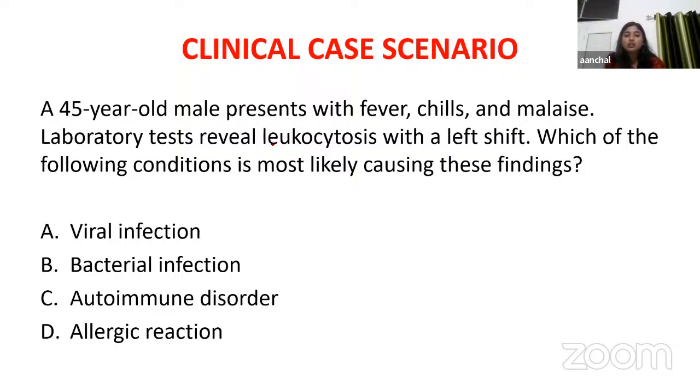Leukocytosis means there is an increase in WBC count, and a left shift means there is an increase in neutrophil consumption. The options are viral infection, bacterial infection, autoimmune disorder, and allergic reaction. We will discuss this clinical case scenario at the end of the session.